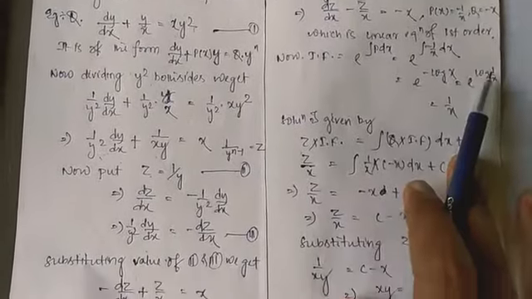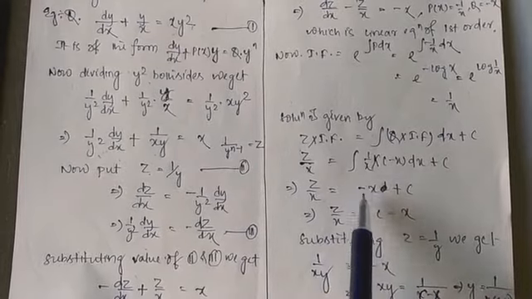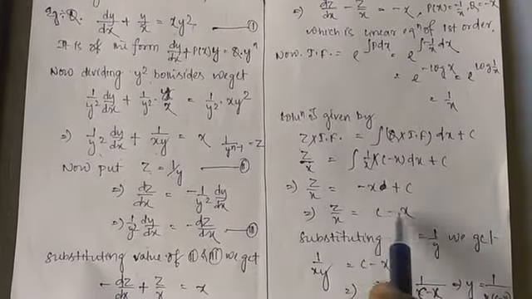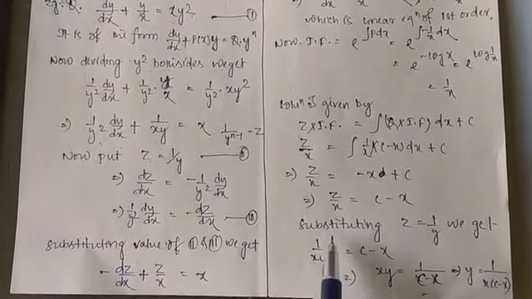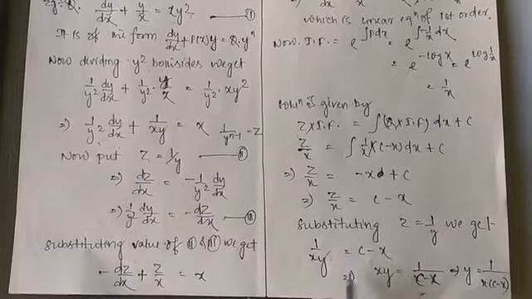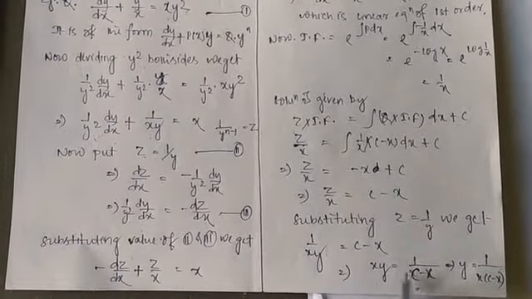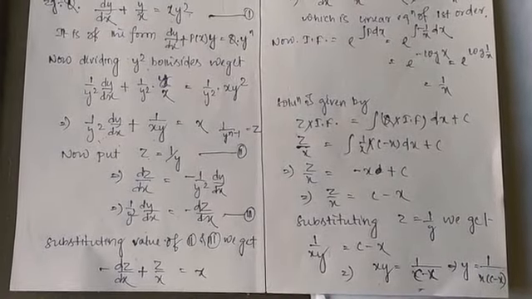By integrating here, x and x are getting cancelled, so integration of minus 1 is minus x plus c, and z by x equal to c minus x. So substituting z equal to 1 by y, 1 by xy equal to c minus x. So xy equal to 1 by c minus x, and the value of y equal to 1 by x into c minus x.